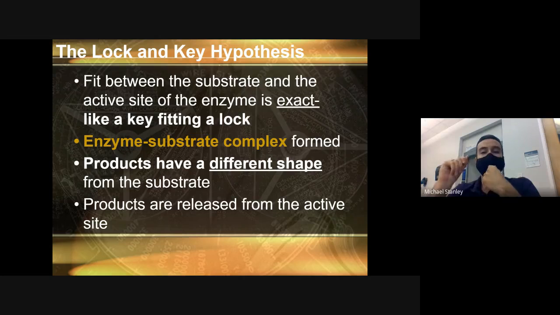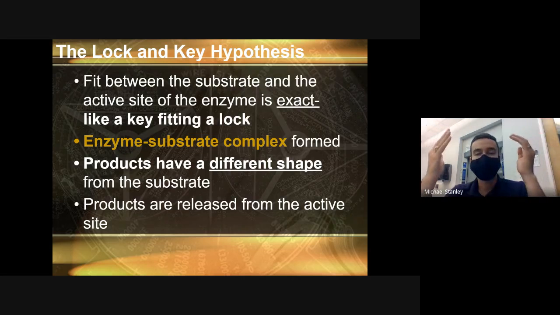So just like how hopefully only your house key fits into the lock on your house, and other keys, even though they might be really close, they just don't quite fit in the same way. That's one way that scientists think active sites and substrates fit together, is that they'll only go together if they are this perfect fit.